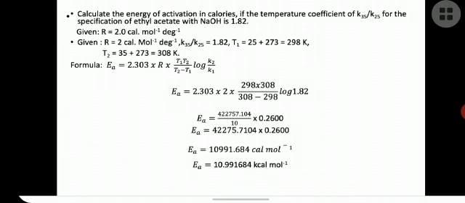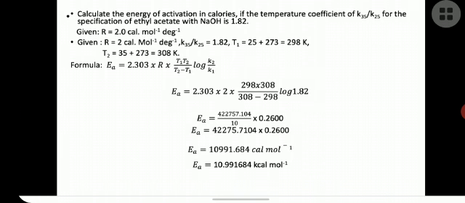Therefore, when you calculate it, we get the value of EA as 422,757.104 divided by 10 into log of K2 upon K1, which becomes 0.2600.